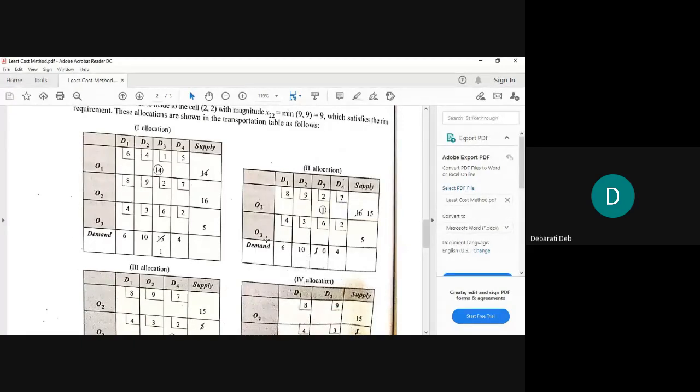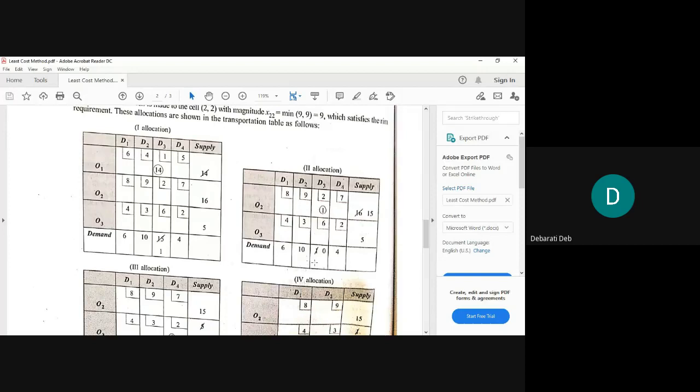Then corresponding to O3, you will write 4, 3, 6, 2, and under supply you will write 5 as it is. And in the demand row you will write 6, 10, 1, 4.